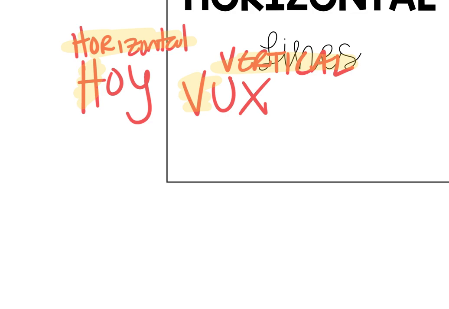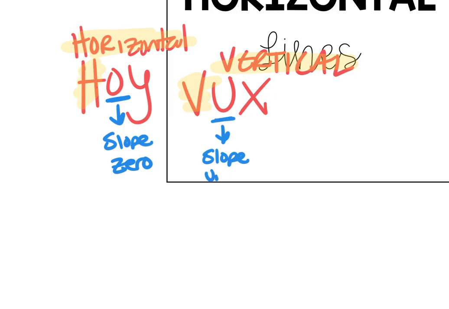So see this O in HOI? That's representing the slope of a horizontal line. It's 0. Now for vertical, we also talked about that on the front of this page. The slope of a vertical line, that's this U. What's the slope of a vertical line, guys? Yes. So this is like a little acronym to help you remember everything about horizontal and vertical lines, HOI, VUX.